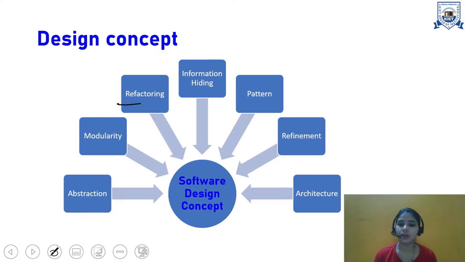I can take an example of authentication. Imagine you are using a library management system. There are two or three kinds of persons: one is the librarian, second is the admin, and third is a user. We need authentication for all three of them.